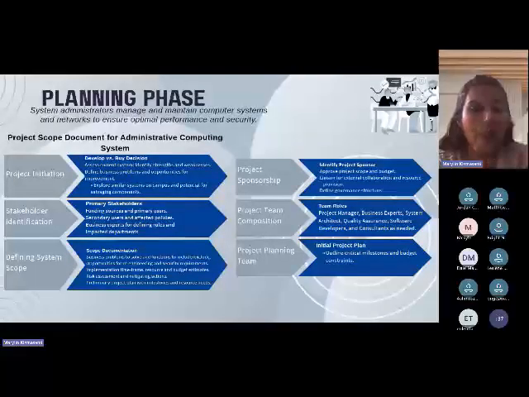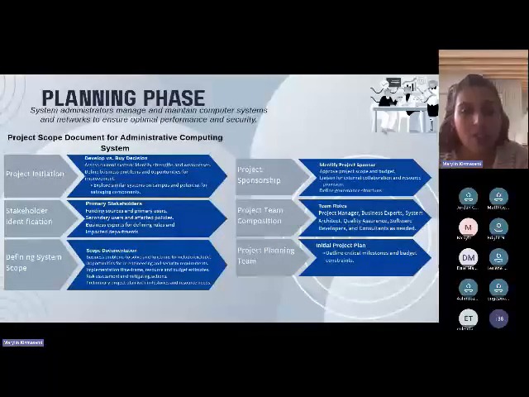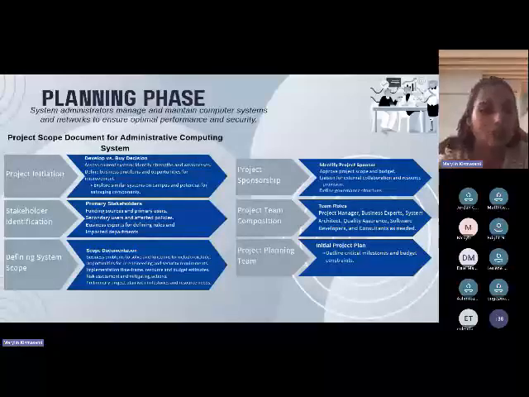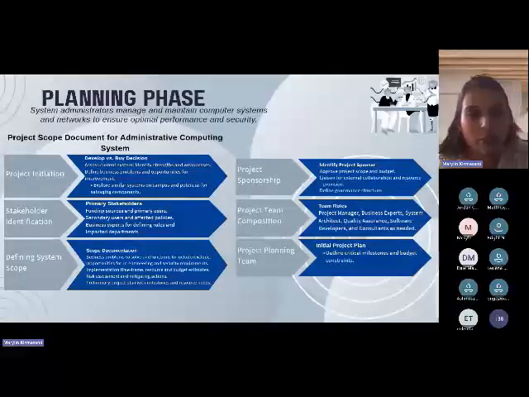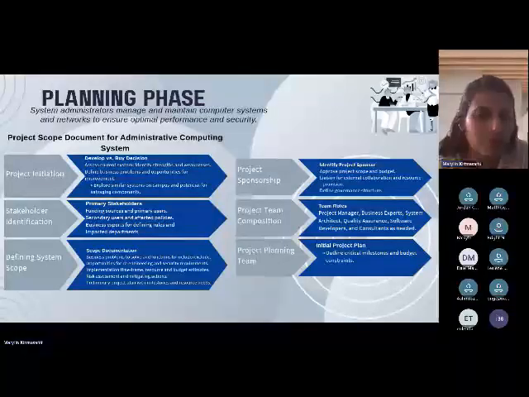So who is likely to fund the project? You've got your primary and secondary users who will directly use the system. So is it employees specifically, and who will indirectly benefit from this? More often than not, it would be your clients or other departments. So you'd have to ask those questions as well.